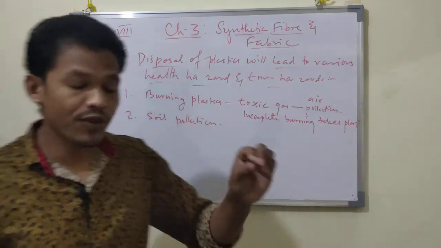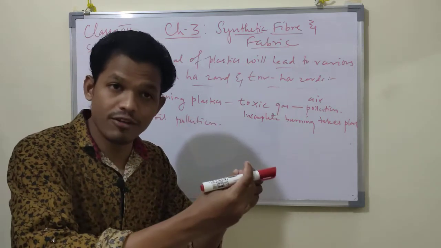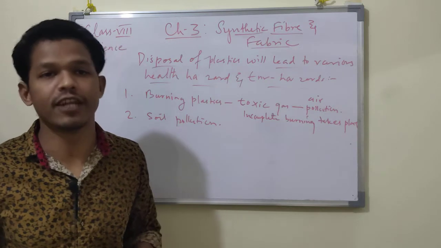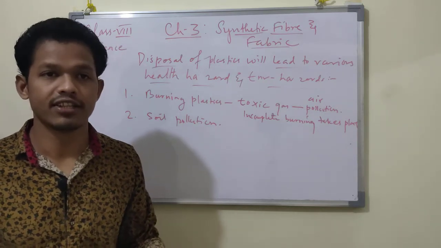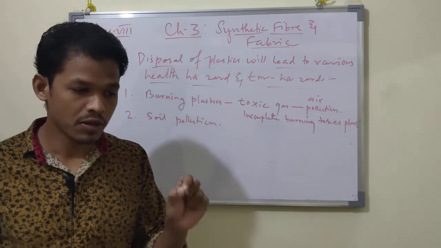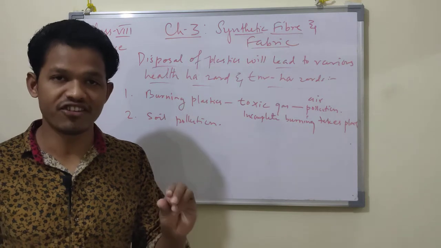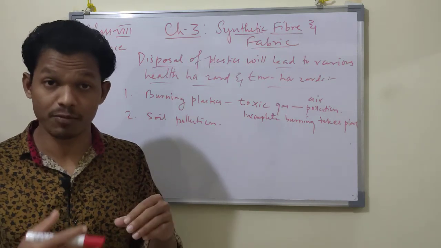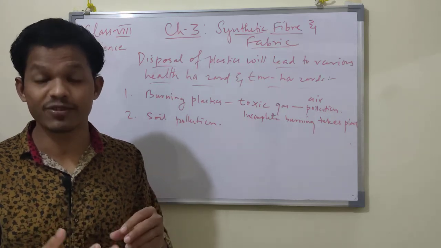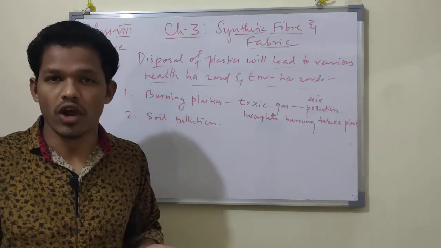What happens if you throw plastics in landfills, if you dump them in soil? These plastics will not be decomposed by bacteria, or you can say microorganisms. They will remain in the soil.